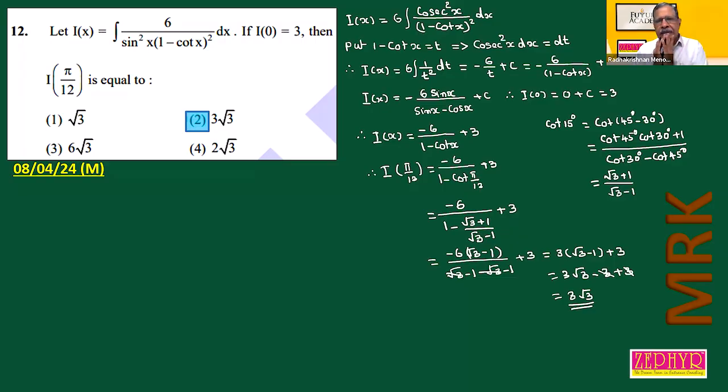If you remember that, then it is well and good. Cot pi by 12 or cot 15 degree. Tan 15 degree, sometimes we remember. Tan 15 degree, if you conjugate and multiply, you will be getting cot 15 degree as well as tan 15 degree. If you learn by heart it's well and good. Otherwise, you will have to do like this. Okay? This is my method.